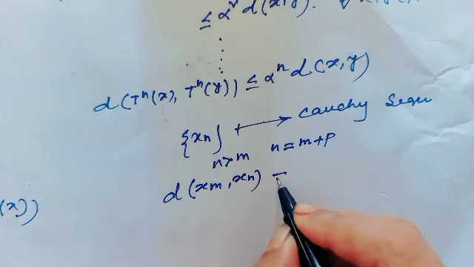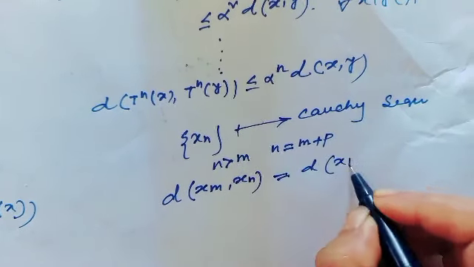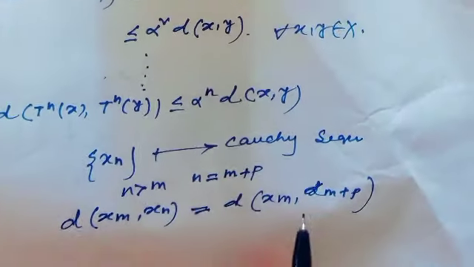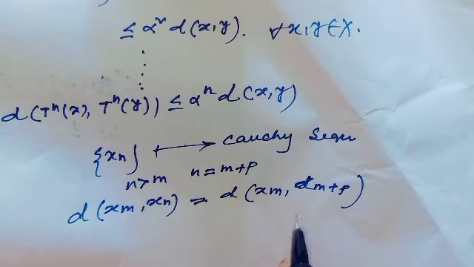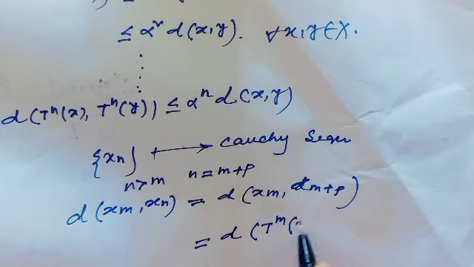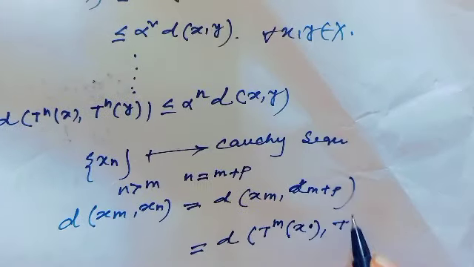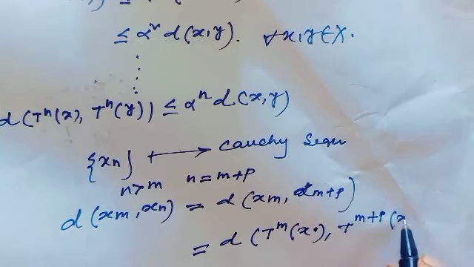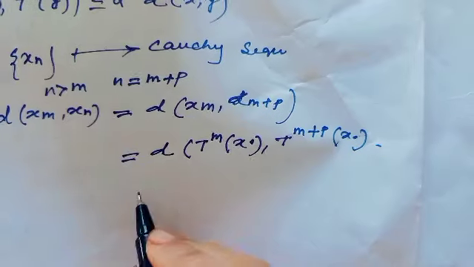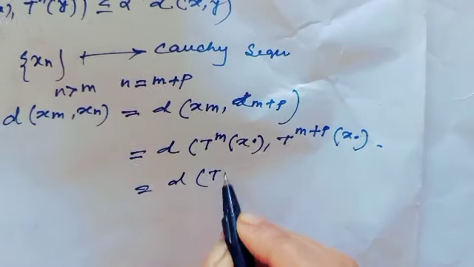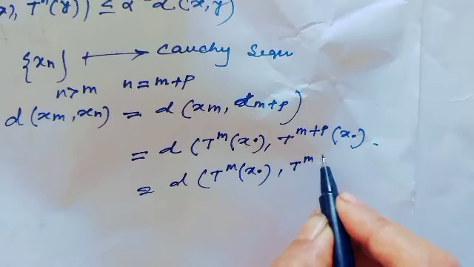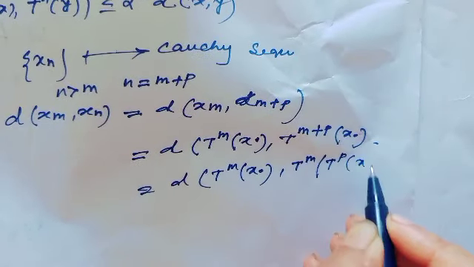This is d of xm comma x(m plus p), which means d of T to the power m x0 comma T to the power m plus p x0. And we can write this as d of T to the power m x0 comma T to the power m of T to the power p x0.